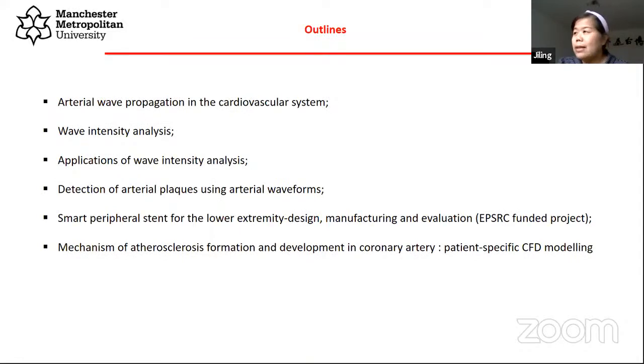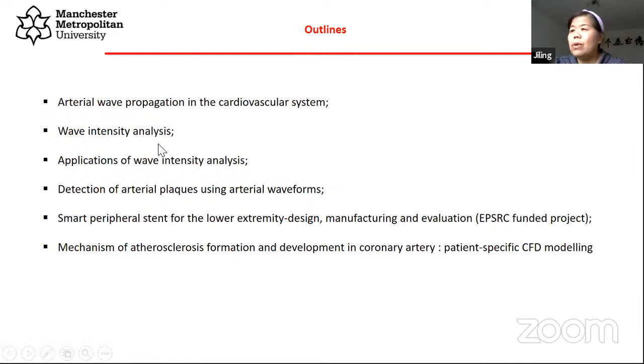This slide shows the outline for this presentation. The topics covered include the background information, that is the arterial wave propagation in the cardiovascular system.